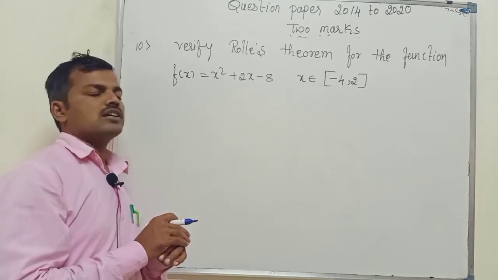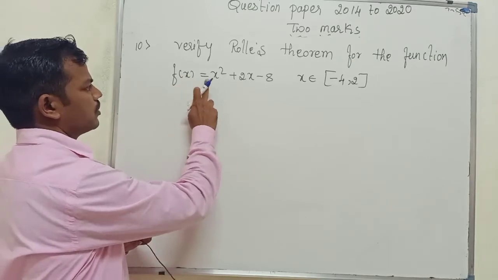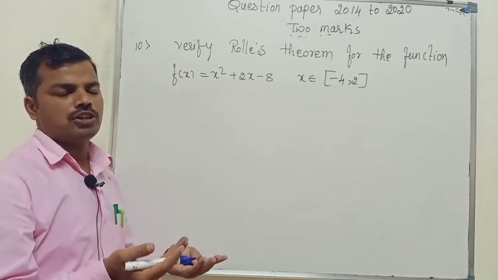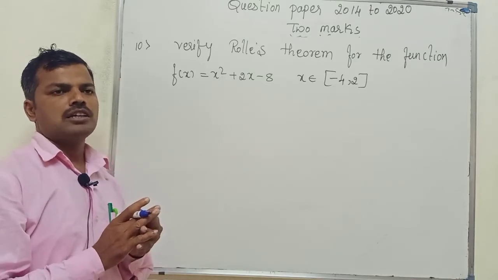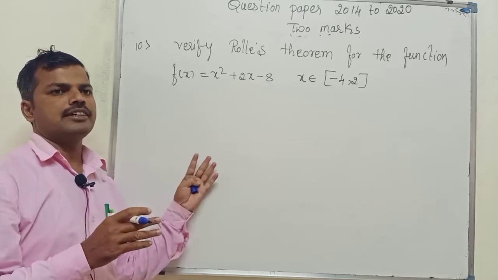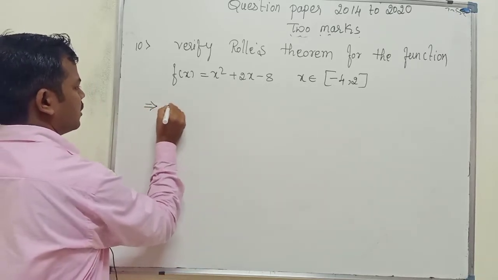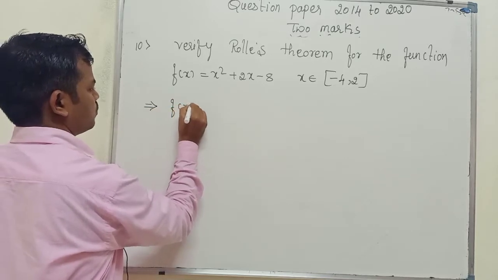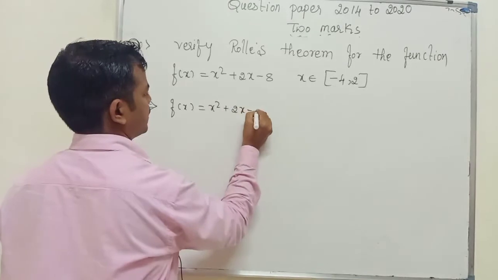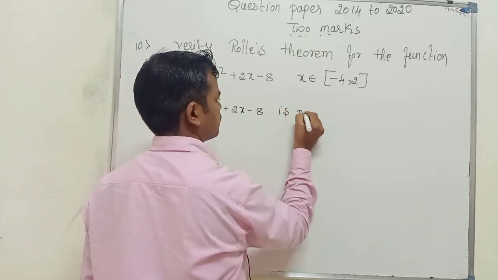The first step: f of x is x square plus 2x minus 8. Which type of function is it? A polynomial. We know that a polynomial function is differentiable and also continuous. So first we have to state which type of function it is. f of x is equal to x square plus 2x minus 8 is a polynomial function.